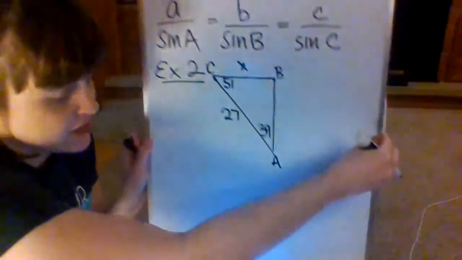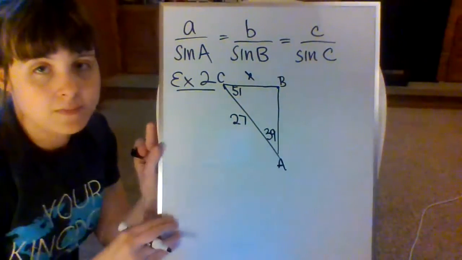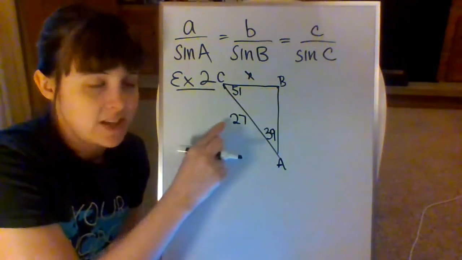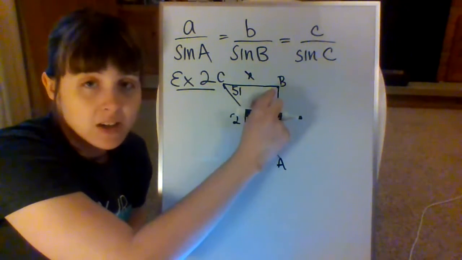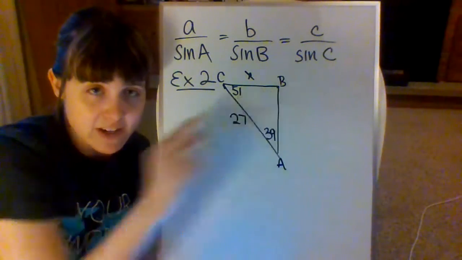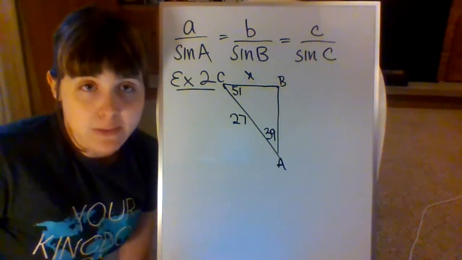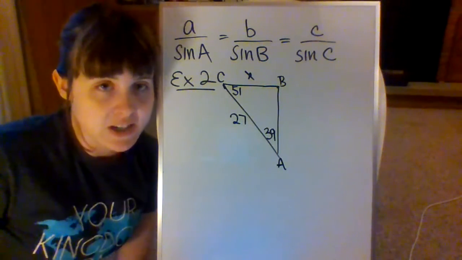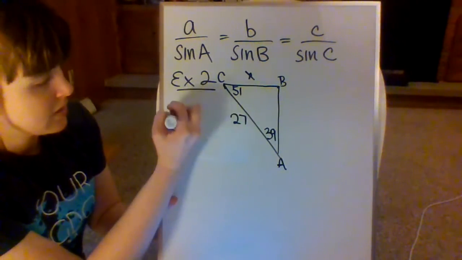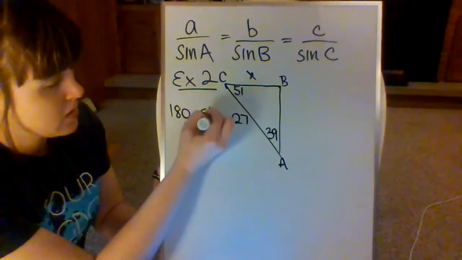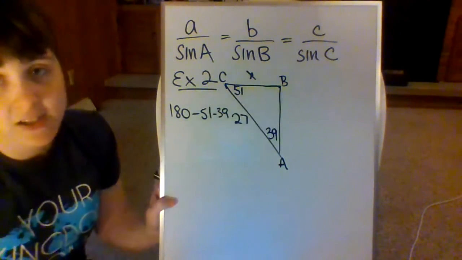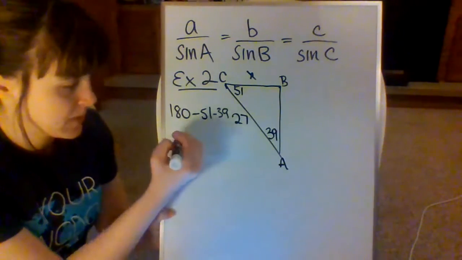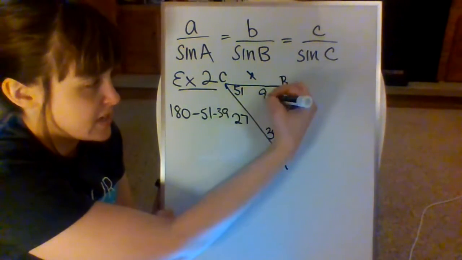So the picture looks like this. I have this 27, and I don't know the angle opposite of 27 yet. So if you remember from the last problem, we have to do 180 minus 51 minus 39. If we do all that, what we're left with is 90. So angle B is 90 degrees.